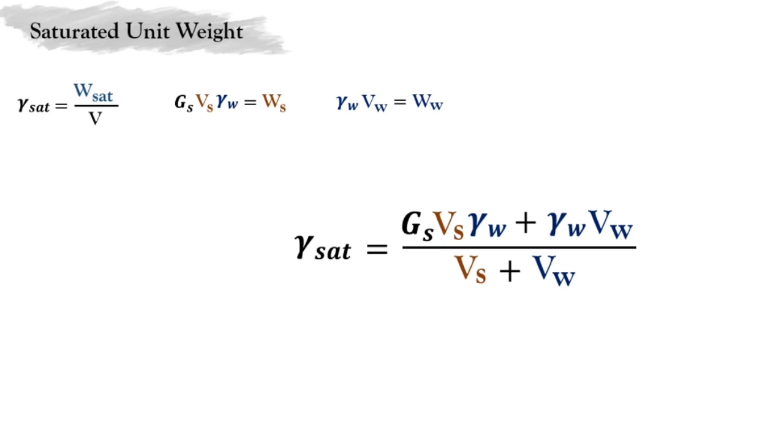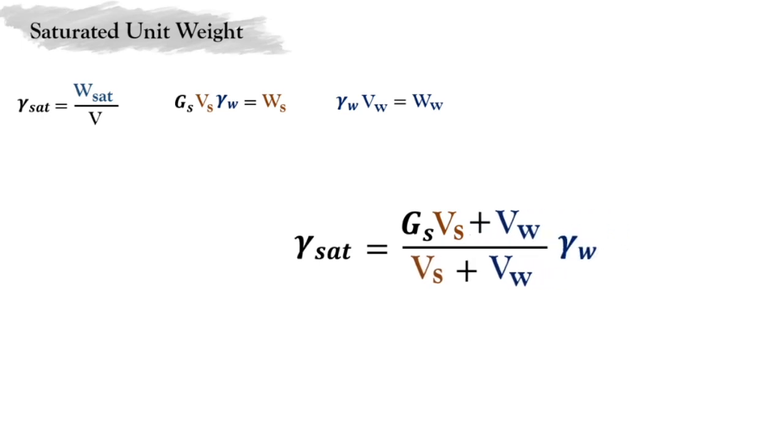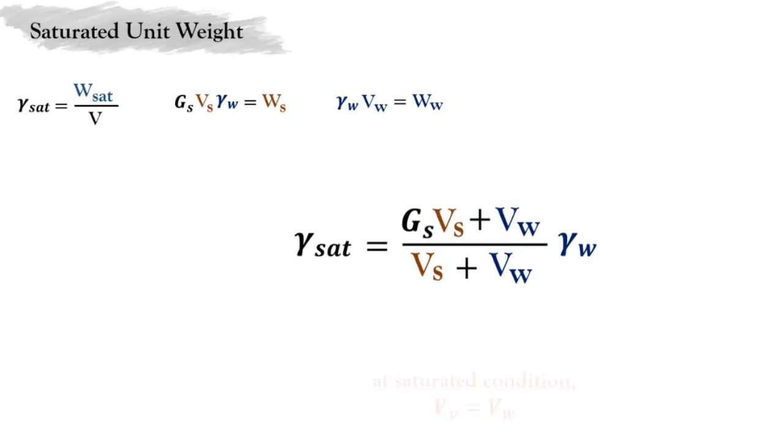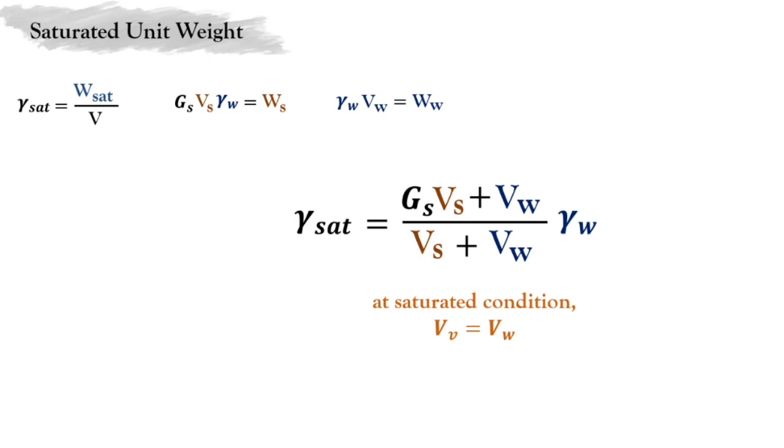So, since factorable naman yung unit weight of water, so i-factor out muna natin. And under the saturated condition, so isama na natin yung mga condition kasi saturated naman ito para mas madali nating ma-simplify yung equation. So, alam natin na at saturated condition, the total volume of the voids is the same as the volume of the water. Kasi nga, wala namang air kapag saturated.